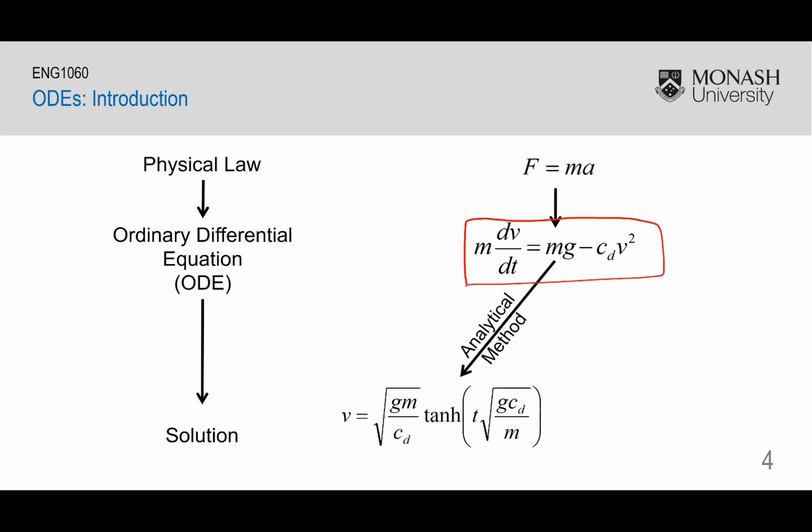It turns out, as you might expect, that in many, many cases of practical interest, there is no analytic solution. Therefore, we need to devise some kind of numerical technique for solving these equations. And that's what this particular section of Eng 1060 is all about. It's deriving numerical methods to solve ordinary differential equations.